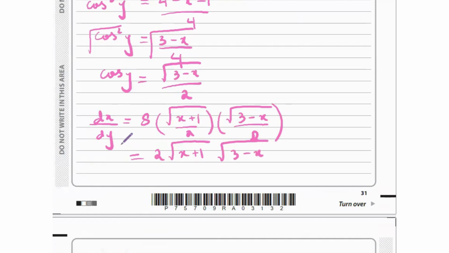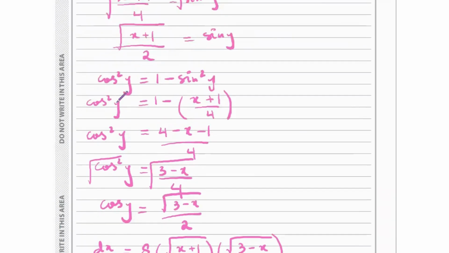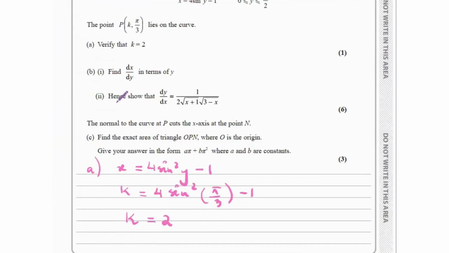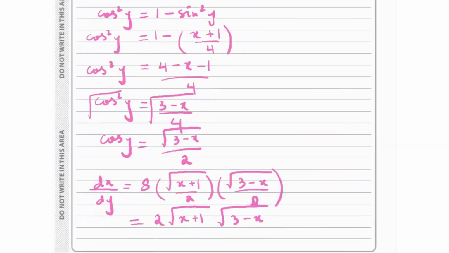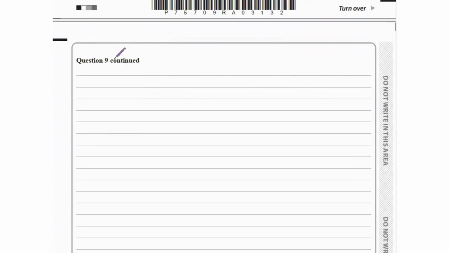That's for dx by dy. They want dy by dx, so we're going to flip it. So dy by dx is going to be 1 over 2 root of (x plus 1) times root of (3 minus x). That is your answer.